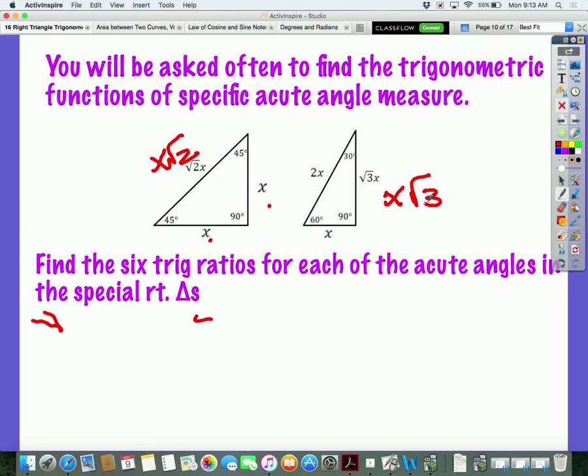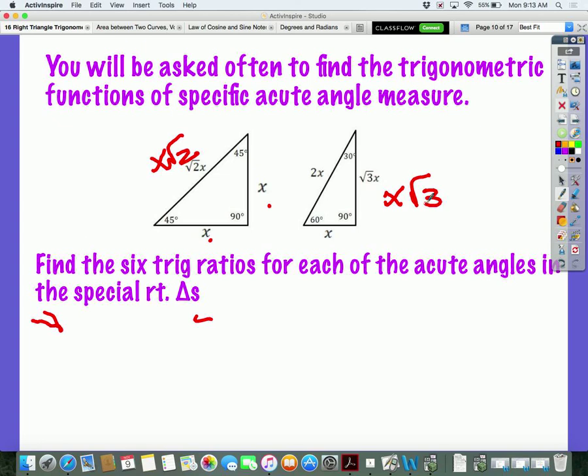What you guys are about to do is find the 6 trig ratios for each of the acute angles in these special right triangles. When you look at these special right triangles, what acute angles do you see? 45, 30, and 60.